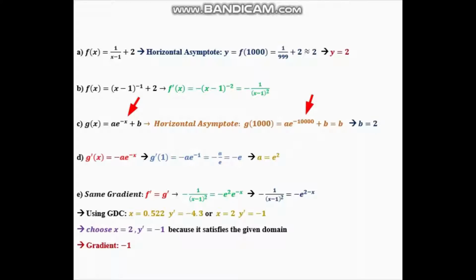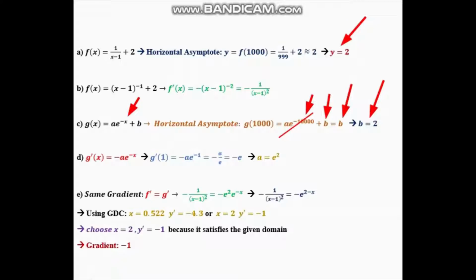And this number multiplied by a shall give us a very small number as well. So this term cancels out. Hence, we are left with b. So the equation of the horizontal asymptote of g of x is y equals b. Since we know that it's the same as that of f of x, so y equals 2 is the same as y equals b. Hence, b is the same as 2.